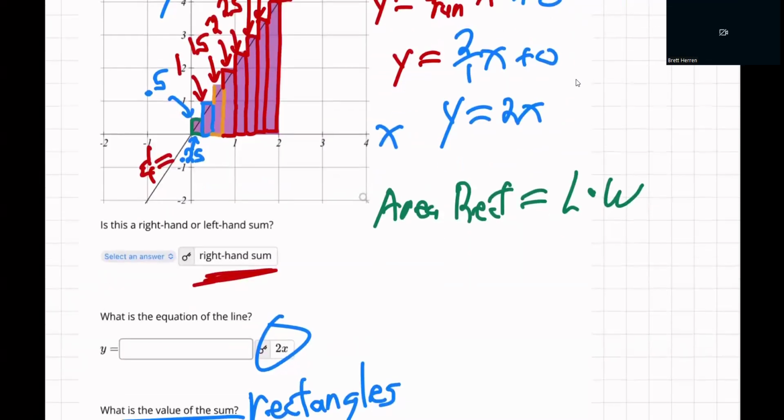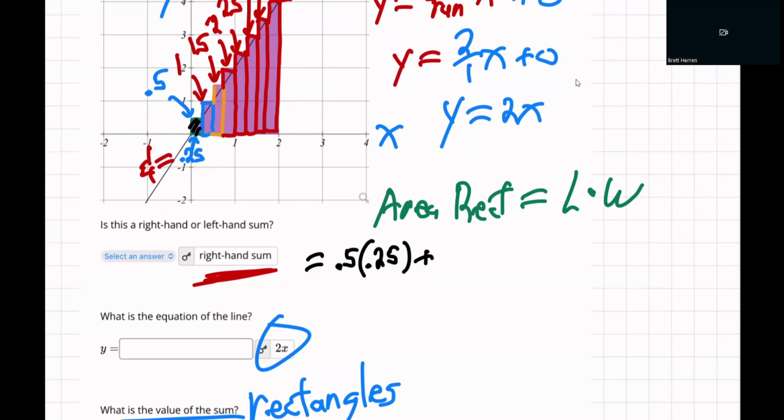So we're going to have to add up all the areas of those rectangles. It's going to equal the height of 0.5 times the width of 0.25. That's for this first little rectangle, his area, length times width. 0.5 high, 0.25 on the bottom.